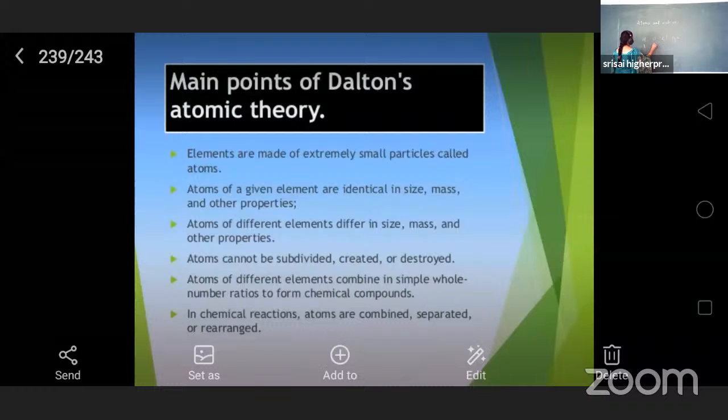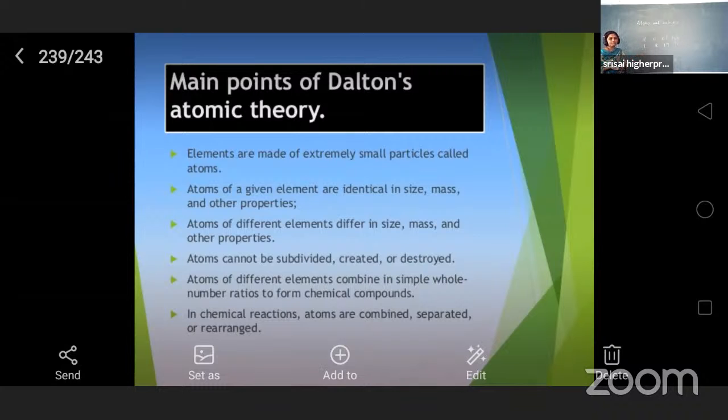Oxygen, what is the atomic number of oxygen? 18 or 8? What is the atomic number of chlorine? 17. Sodium? 11. Okay, you can see that elements differ in size, mass, and other properties.